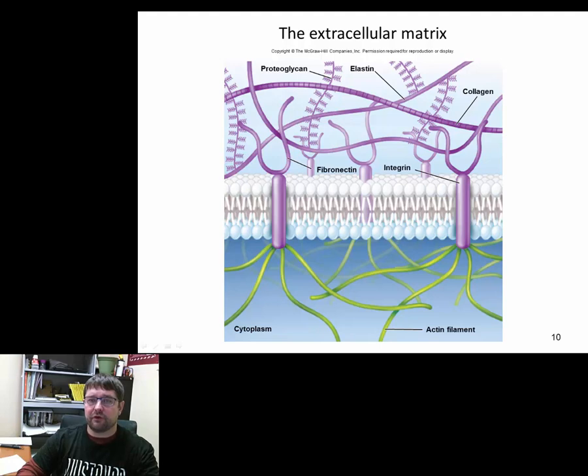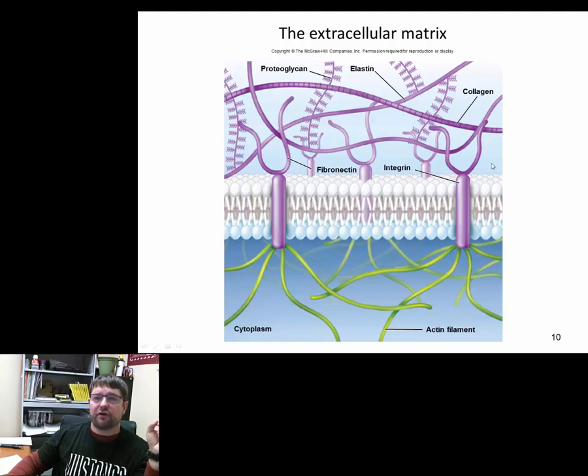Okay. Now, some cells, lots of cells actually, have some kind of attachments on the outside of their membrane. So if you remember back when we were talking about transmembrane proteins, these proteins that go all the way through the plasma membrane.